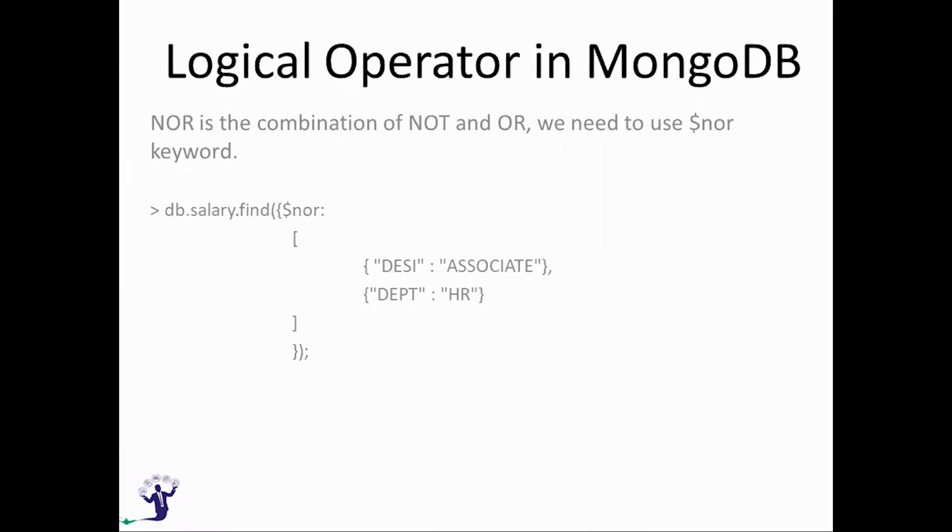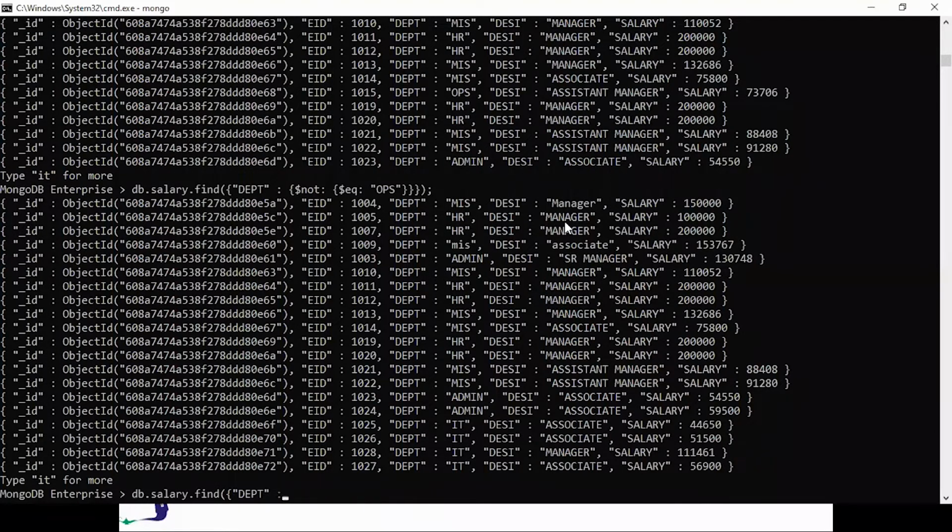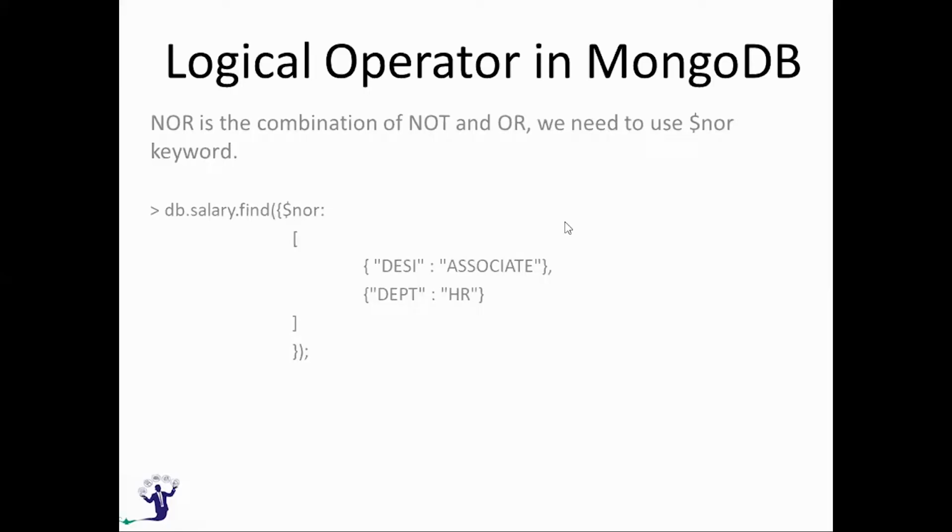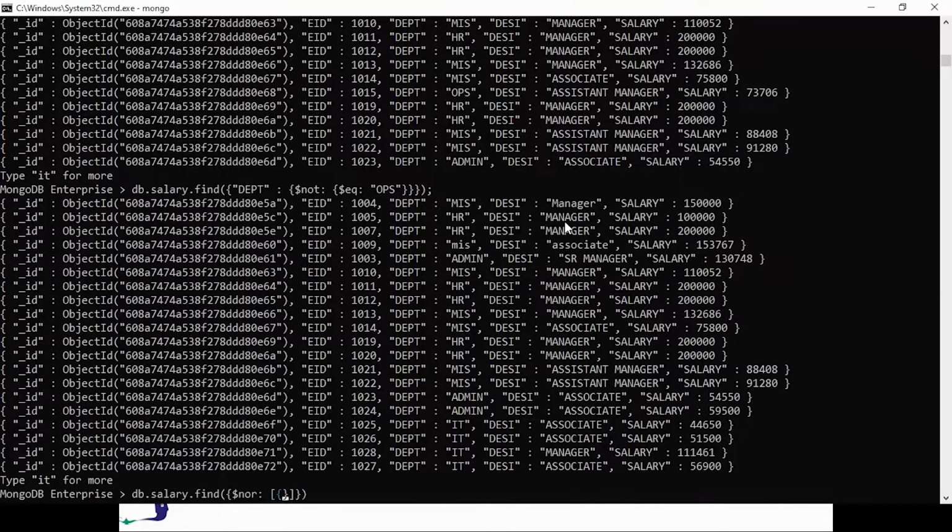So let's find that: db.salary.find, dollar nor, department should be ops, comma, designation colon associate.